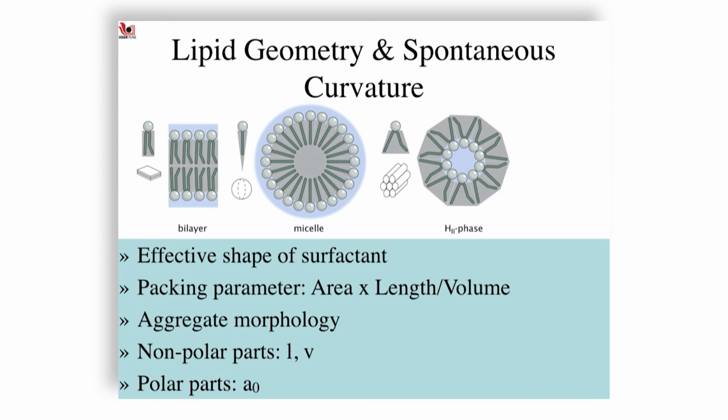So for the next segment, I'm going to talk to you about lipid geometry and spontaneous curvature, and how properties such as the packing parameter, which combines area and relative length to volume ratio, determine aggregate morphology using some simple geometric considerations.